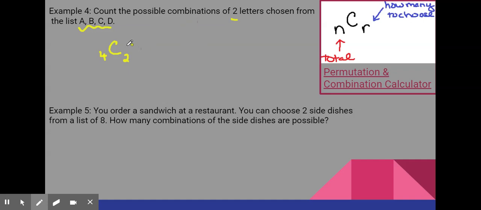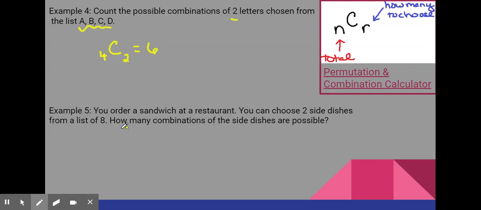It's going to give you a clear clue that you're going to use C. And then again, just put that right in your calculator, and it comes out with, I'm sorry, not 28, 6 combinations. So it should be 6 combinations. I apologize. 4 choose 2, there's 6 combinations you can do.